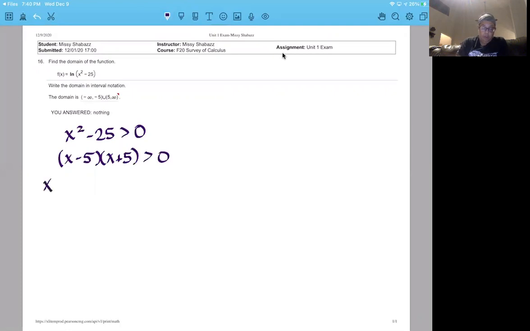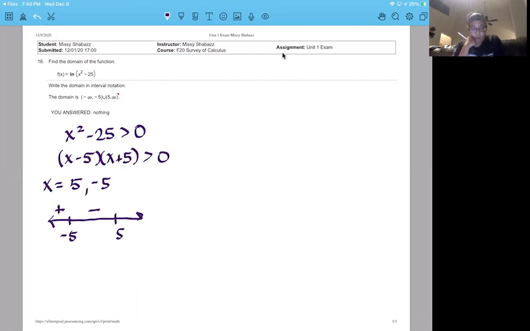So the critical numbers I'm going to have are 5 and -5. I'm going to put those on my number line. If I choose something less than -5, let's say -6, I'm going to get a negative times a negative, which is positive. If I plugged in 0, I would get -5 times +5, which is negative.